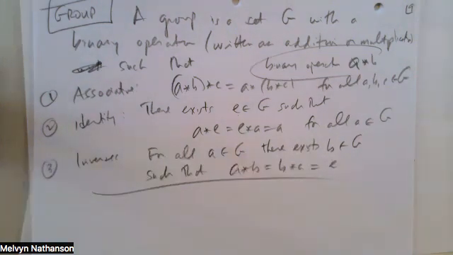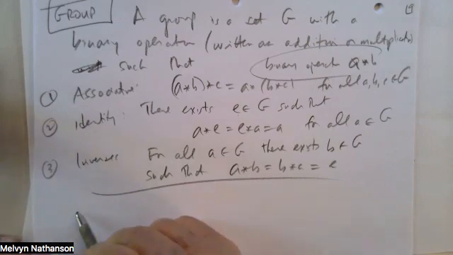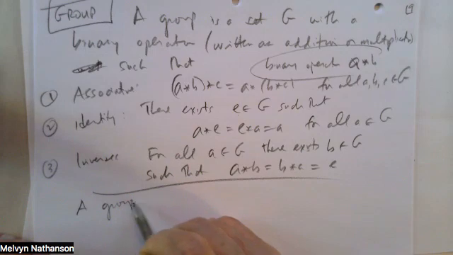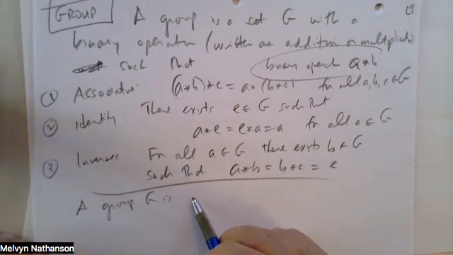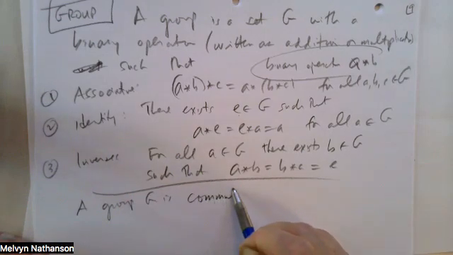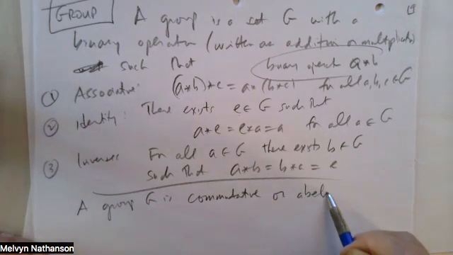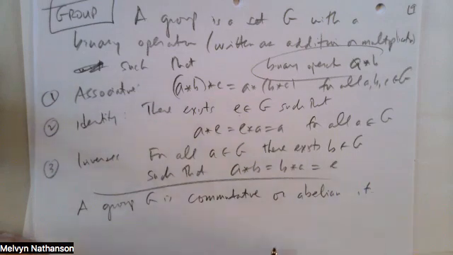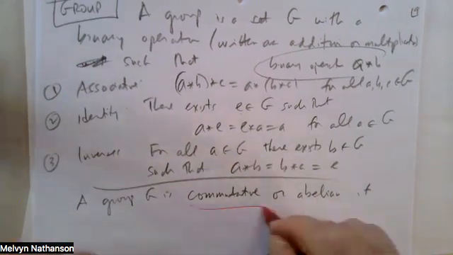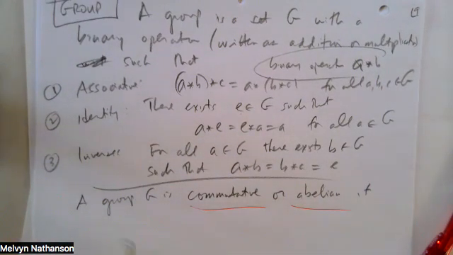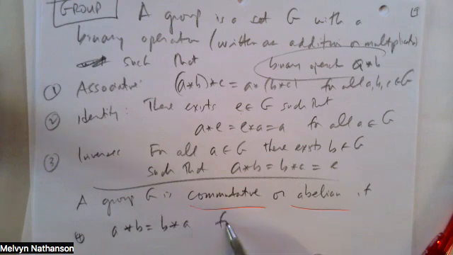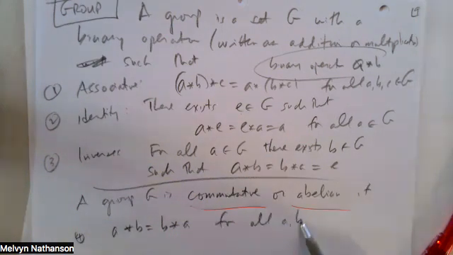Some groups, but not all groups, satisfy an additional property. So a group G is called commutative or abelian. These are synonyms. If in addition, the group satisfies A times B equals B times A for all A, B in the group.